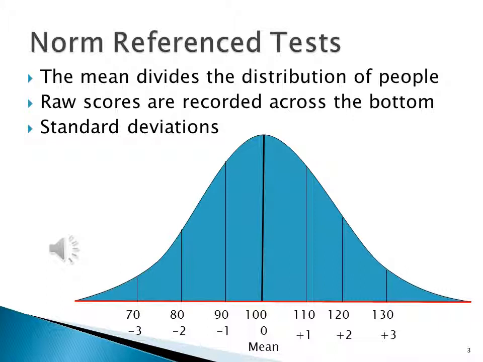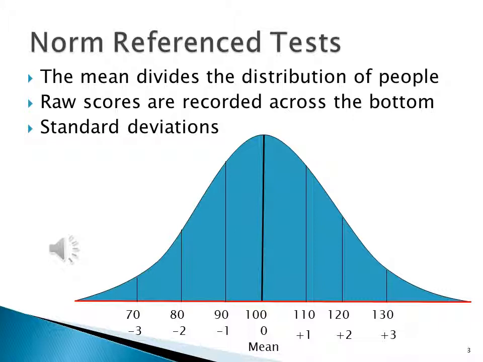With norm-referenced tests, the mean divides the distribution of people. The raw scores then are recorded across the bottom, and as you can see also, standard deviations are listed. The scores are the 70, 80, 90, 100, 110, etc. 100 on a norm-referenced test is the average, it's the mean, it is where the majority of the people have scored.